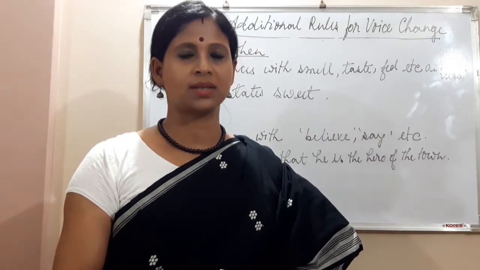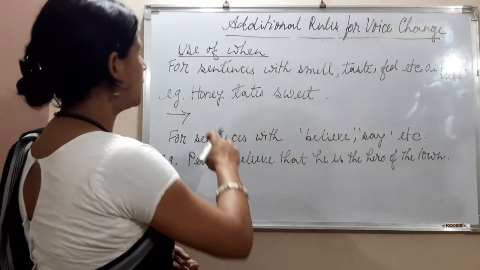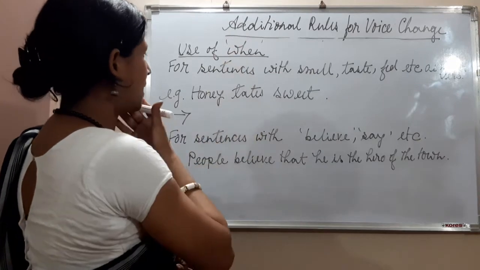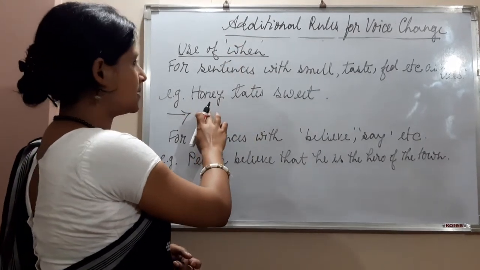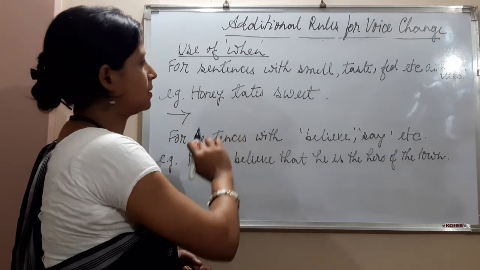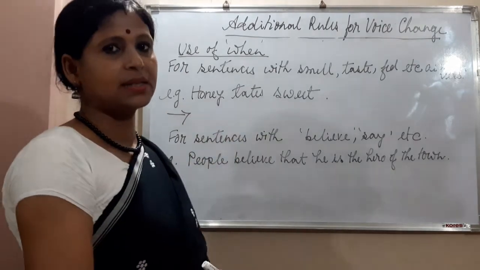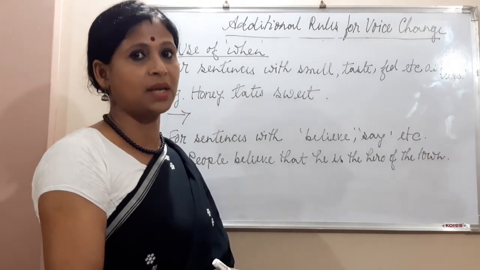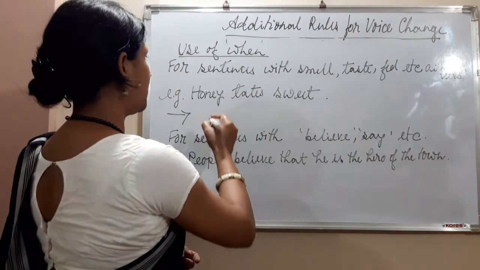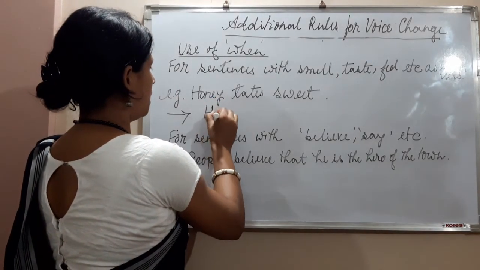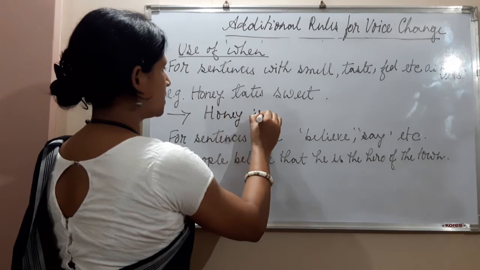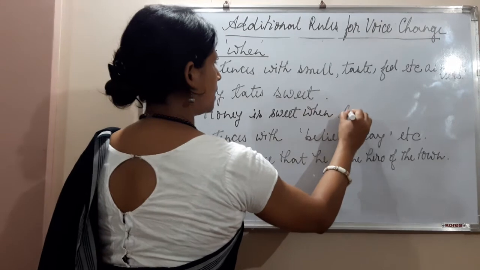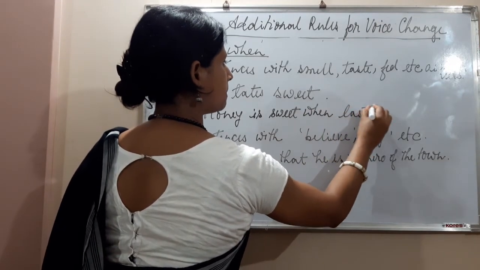Let us learn some more exceptions. When to use when. Okay, so example is this. This is the sentence: honey tastes sweet. So when we get sentences with smell, taste, feel, etc. as main verb, we will have to write like: honey is sweet when tasted.